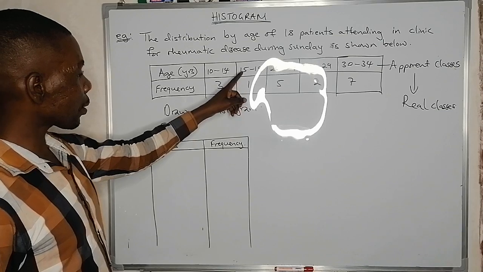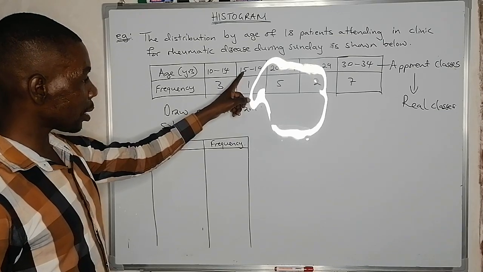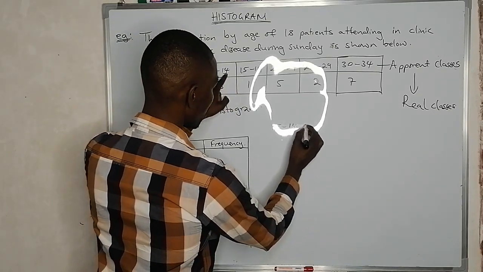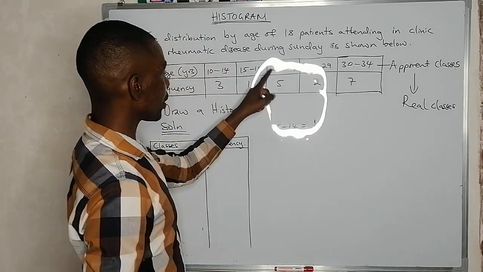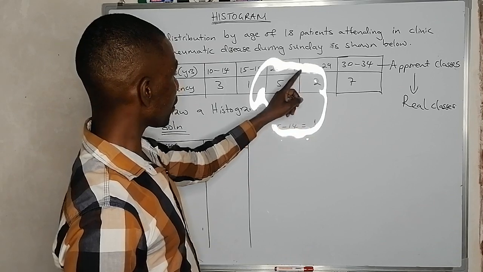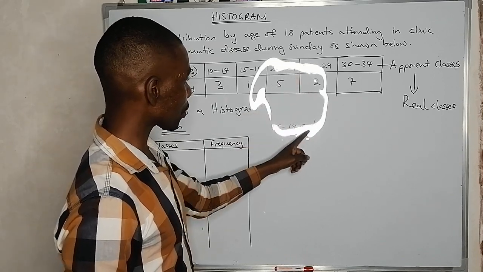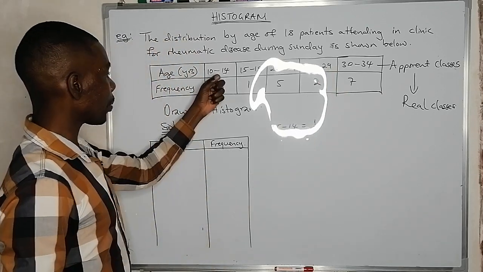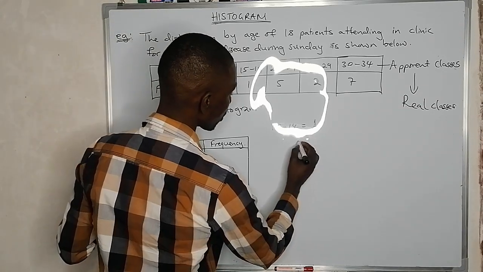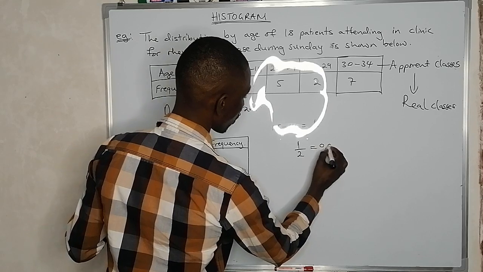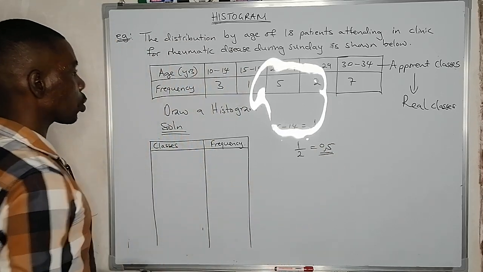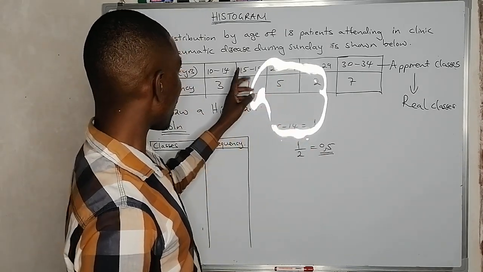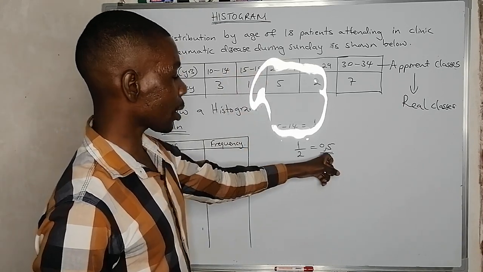Here we have to take the difference between the lower class limit and the upper class limit before it. 15 minus 14 gives a difference of 1. 20 minus 19 also gives 1, 25 minus 24 gives 1, and 30 minus 29 gives 1. So to change from apparent classes to real classes, we divide this 1 by 2 to get 0.5. For all the lower limits, we subtract 0.5, and for all the upper limits, we add 0.5.